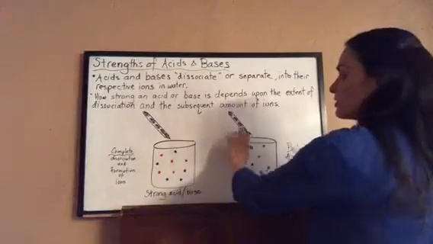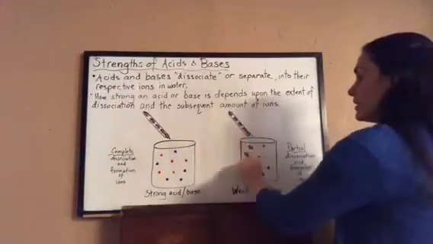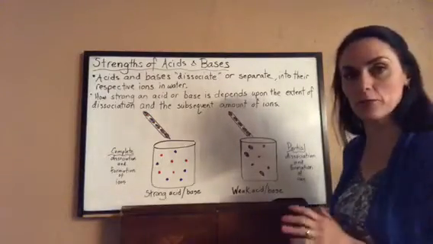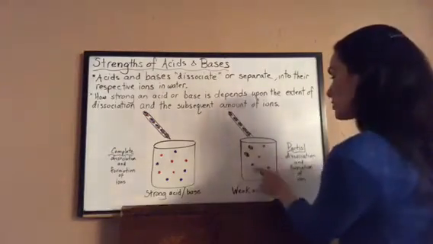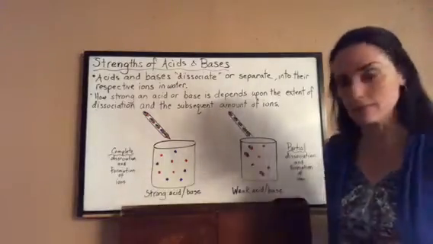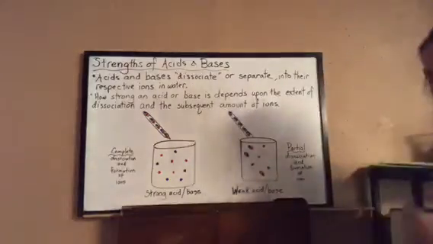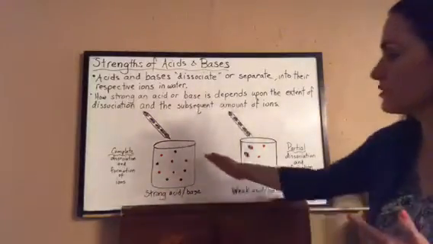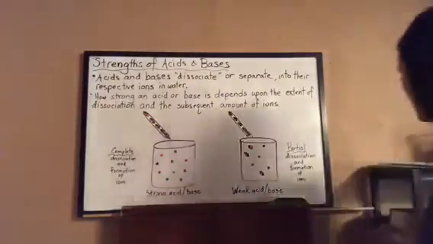So we have 5 units of some weak acid or some weak base, and 3 of them stayed intact as that molecular acid or base. And the other 2 units split apart into their respective ions. So when you have a weak acid or a weak base, you have some amount of ionization, but not complete ionization as you do when you have a strong acid or a strong base.